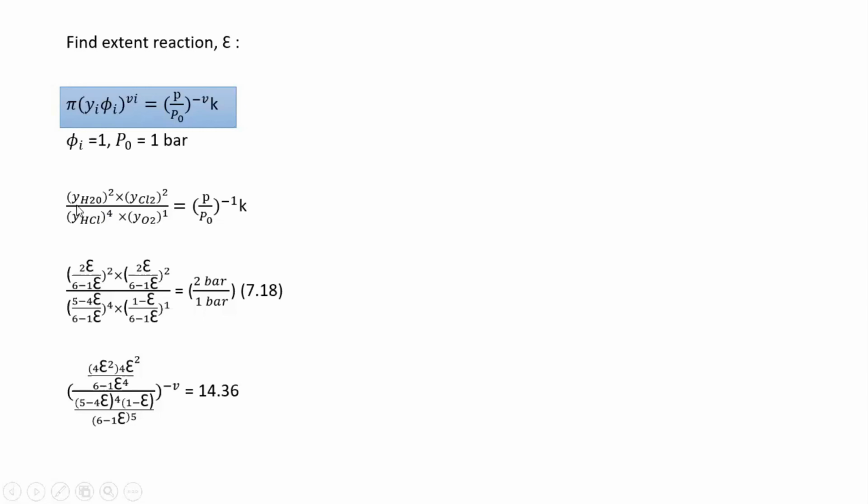So we put them in the denominator to make a proper fraction, equal to P over P naught to the power of negative 1 multiplied with K. So this is the mole fraction in terms of extent of reaction, equal to 2 over 1 bar multiplied with 7.18, the value of K that we already calculated before. This is how we calculate the extent of reaction.